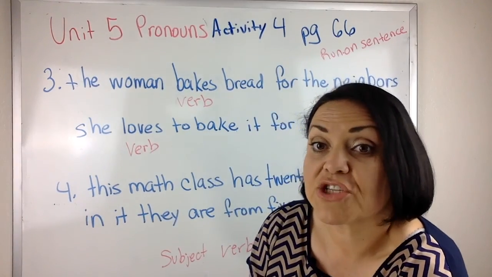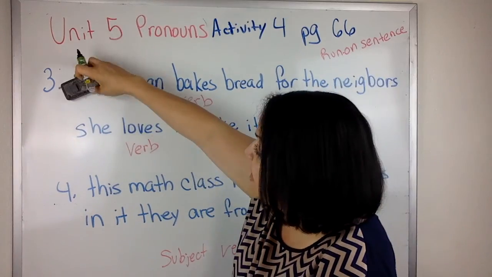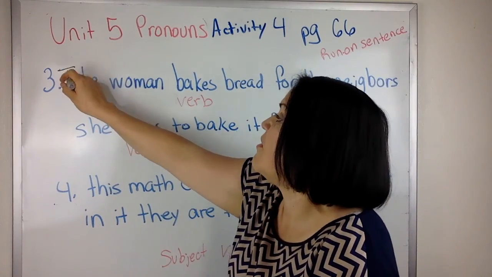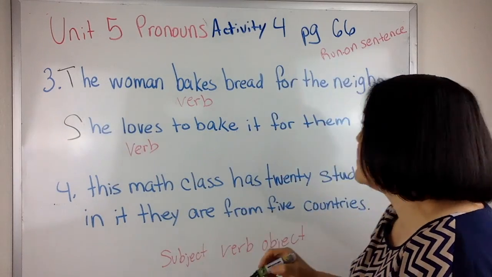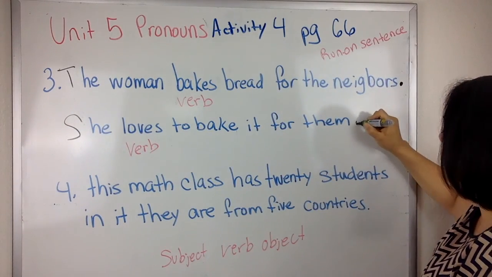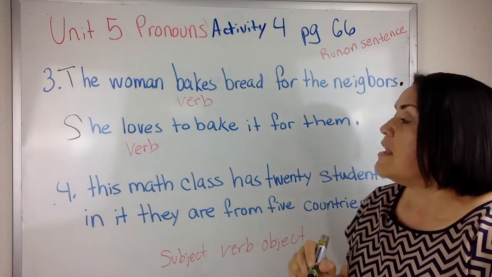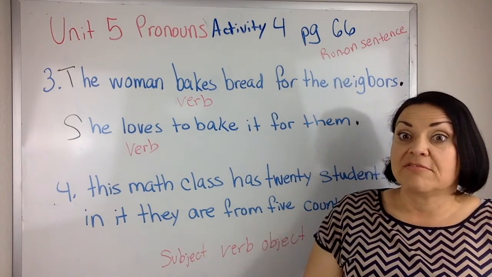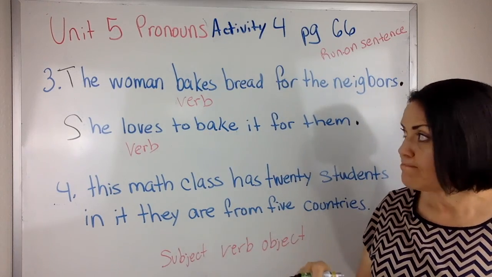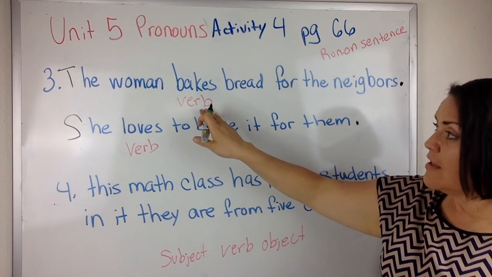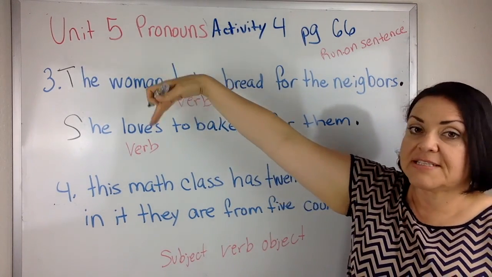So we will make sure we capitalize and punctuate. So we have the capital, she, and we will put a period and a period. Now we need to find our pronouns, object, subject, and object. So here's the verb. Before is the subject.